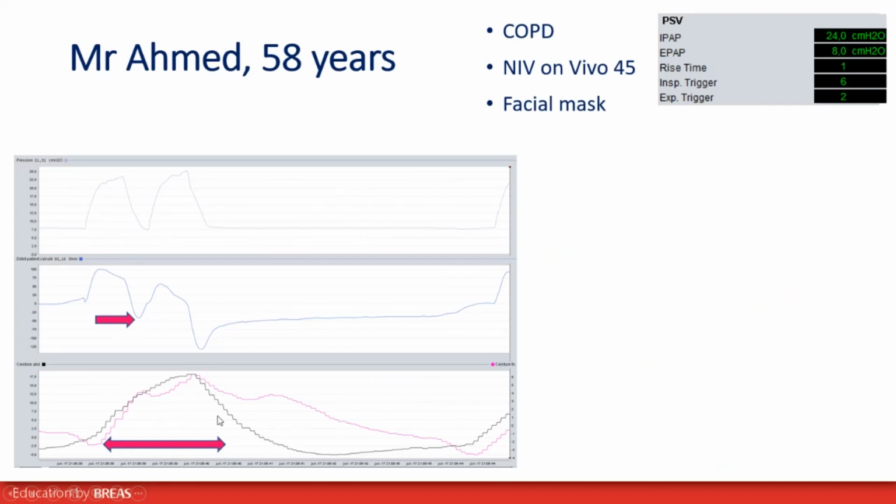So it's one patient effort that triggers 2 breaths. It's called a double trigger. And the cause of the double trigger is an early cycling. The first breath is so short that the patient is able to trigger a second one. So it's more or less the same problem as before, and the solution is the same. We should prolong the expiratory trigger sensitivity.